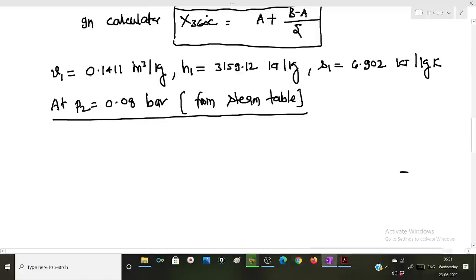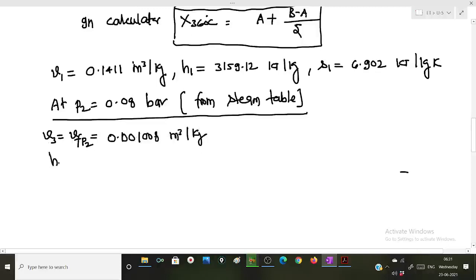So from here, v3 is nothing but the specific volume at a pressure of 0.08 bar, and this value is 0.00108 meter cube per kg.